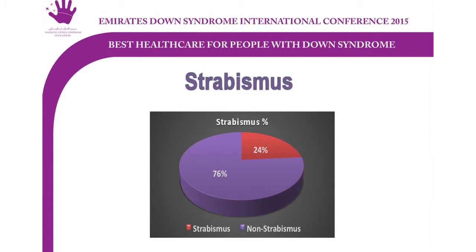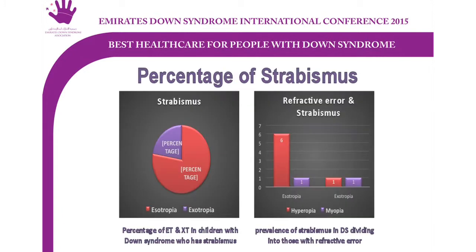So 25% for strabismus is a little bit big. And this is the percentage of strabismus. As you can see, esotropia came more with hyperopia, and esotropia is more common in Down syndrome.